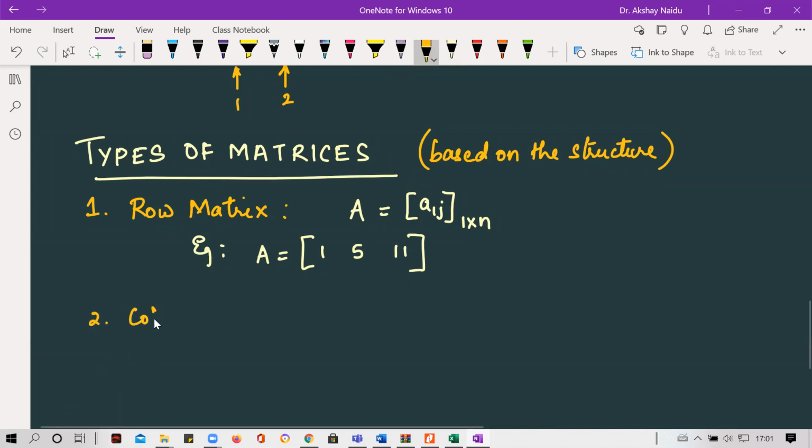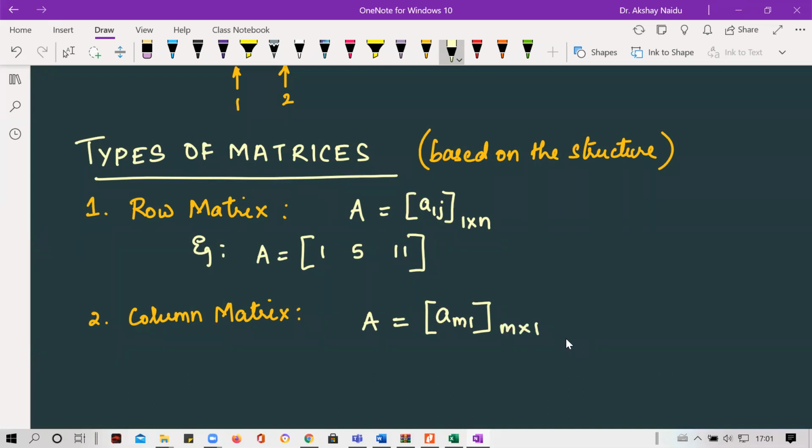Second is the column matrix. What is a column matrix? If you can answer row matrix, then what is a column matrix? Yes, it has only one column, so it is m cross 1.